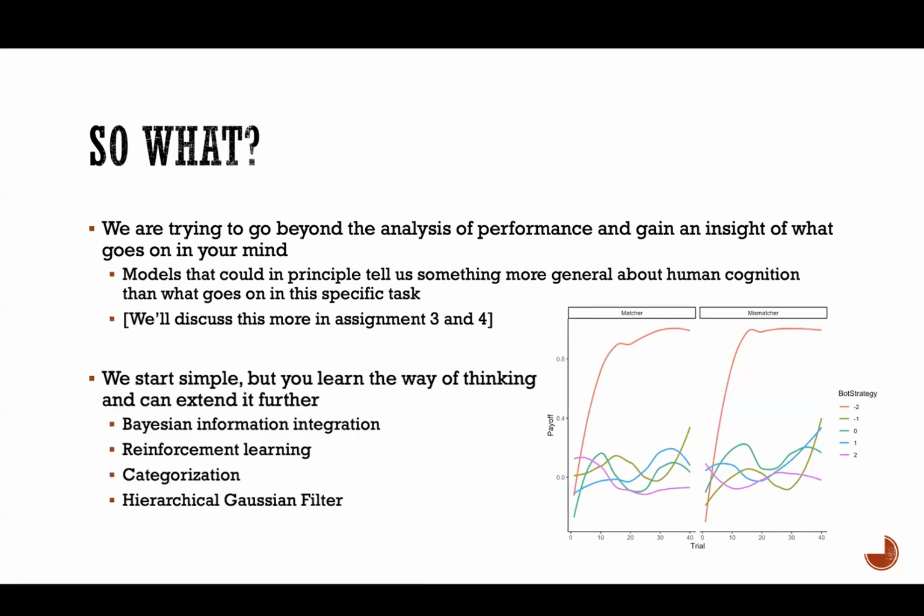And we can actually skip that and say, we're going to start very simple, because we need to get into the whole idea of how we code these things, right? First, simulating the agents in R, and then inferring the parameter values and the likelihood of the model given the data.